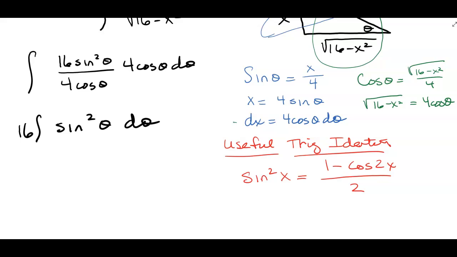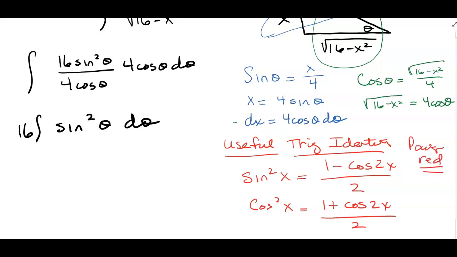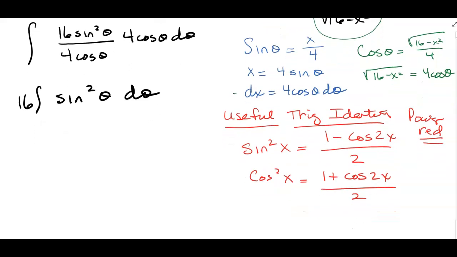If you recall, there was another power reducing one, the cosine squared. You really do need to know these. They were used in the last section, so these power reducing ones come in handy, and you should memorize those. Okay, let's come back.